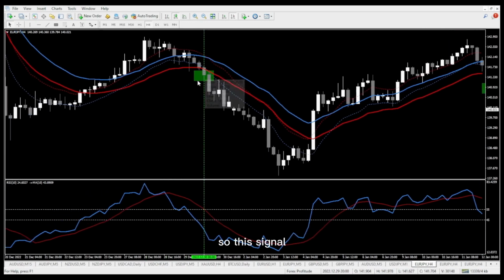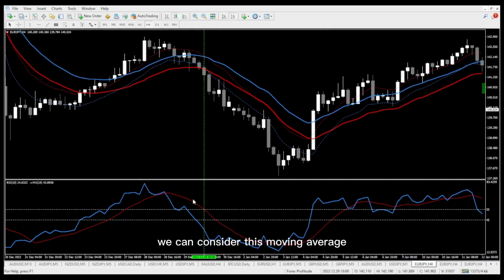So this signal being short, what we're looking for is a close of this candle below this red 20 EMA. We get a close below that red 20 EMA. We're going to move down and take a look at the RSI. And we want to see that the RSI is below this 45 level, this bottom level. And we also want to see that the RSI, or the blue line, is below this moving average.